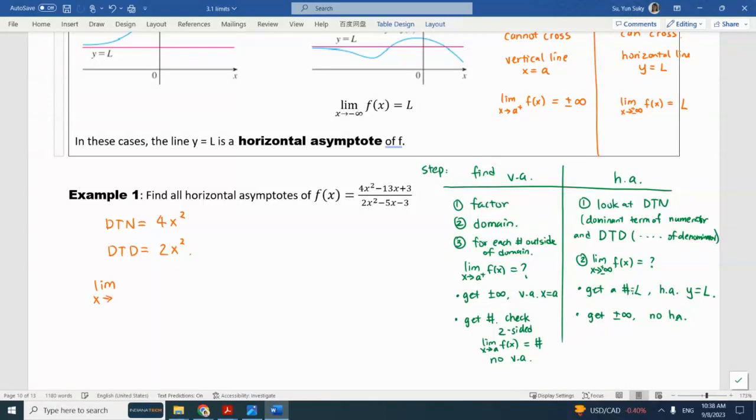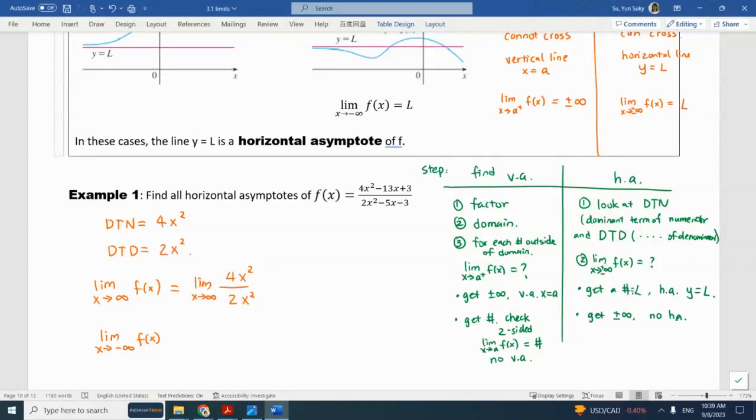There are two limits you need to consider: x goes to infinity and x goes to minus infinity. When x goes to infinity, you just need to put down the dominant terms. The dominant term of the numerator is 4x squared. The dominant term of the denominator is 2x squared.